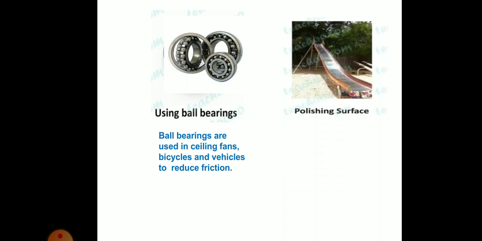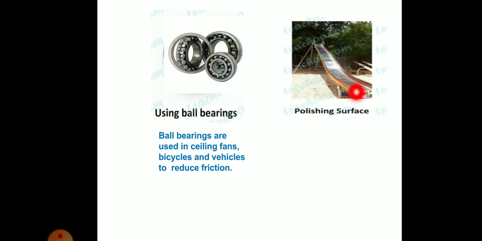So next, you can see here, is by polishing the surface. You can see a slide here. So slides used by children are polished, which reduces the friction and makes it easier for the children to play. So polishing a rough surface smoothens the irregularities on it.